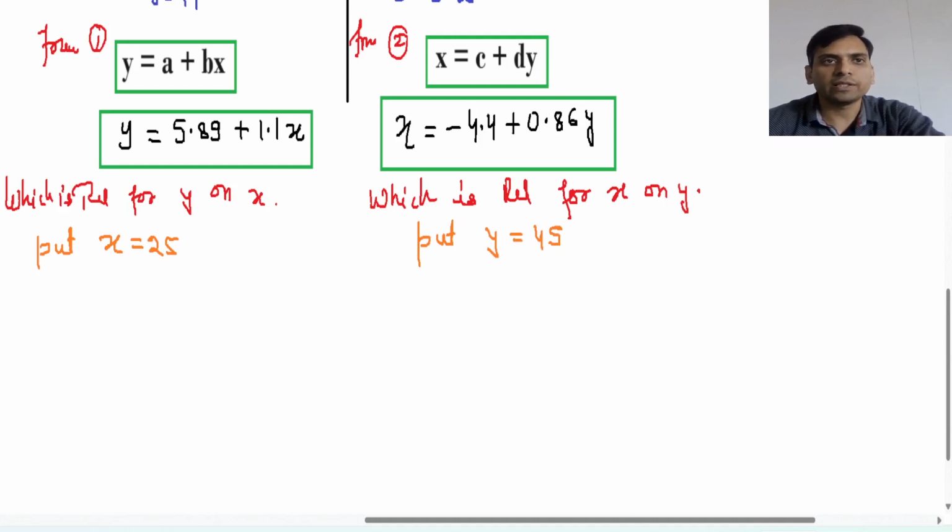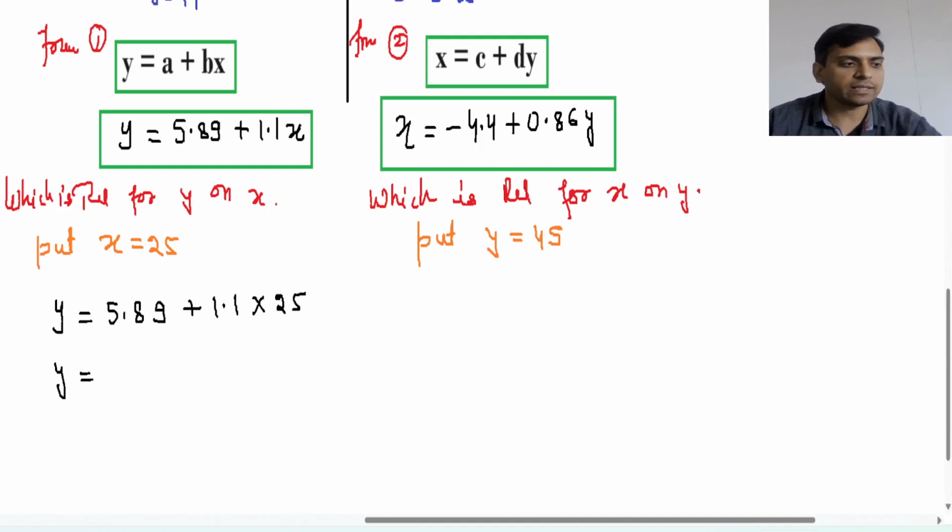So on putting these values, you will see y equals 5.89 plus 1.1 into x, and x is equal to 25. On solving this equation, you will see the value of y as 33.41.